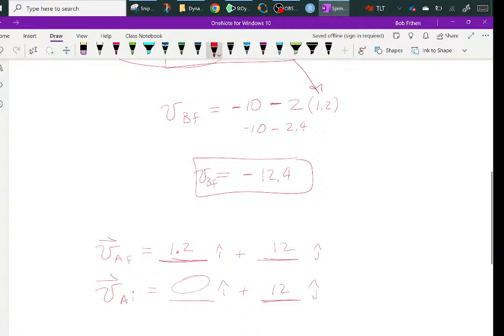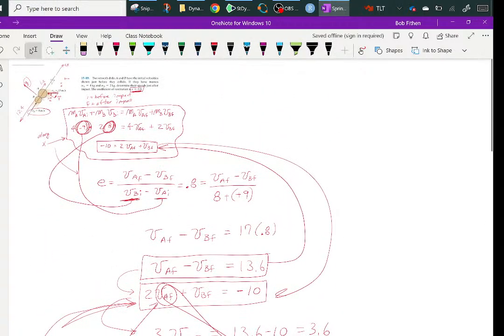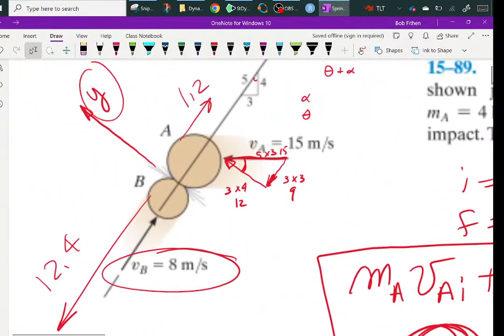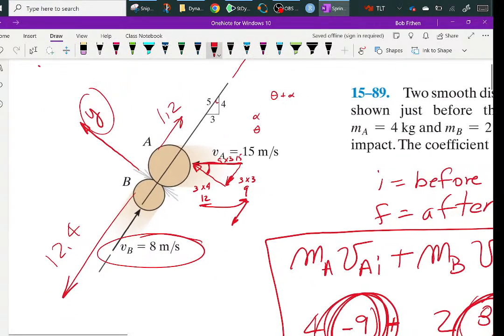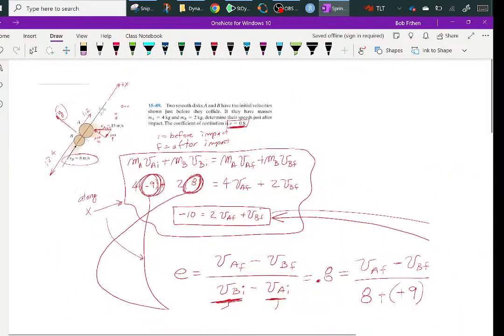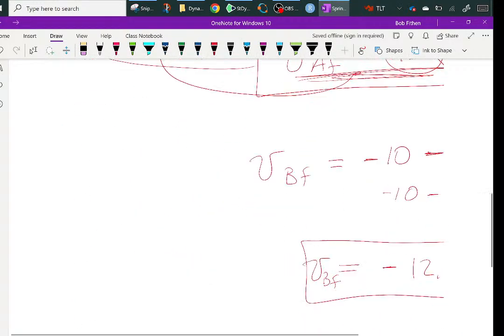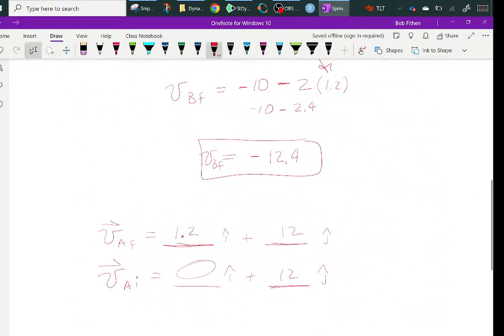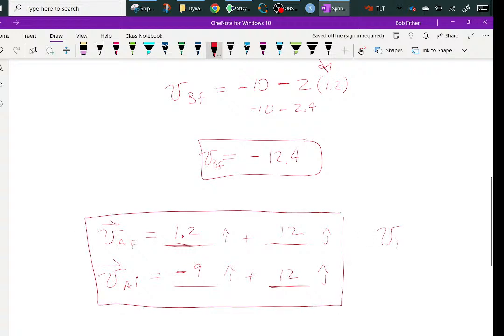So what was this? Okay, I got 12 here, and I got 9, but it's going this direction, so we got a minus 9. That's the before and after for that one. The VB initial, oh, I did final here. Final and VB initial, what does it look like?